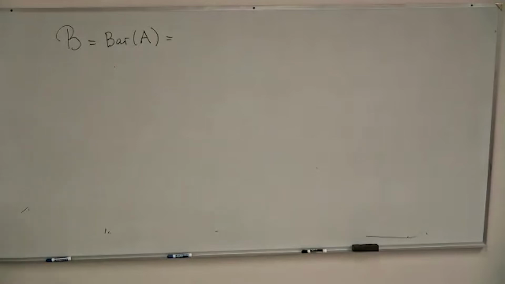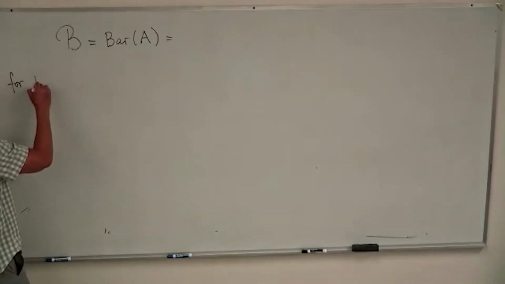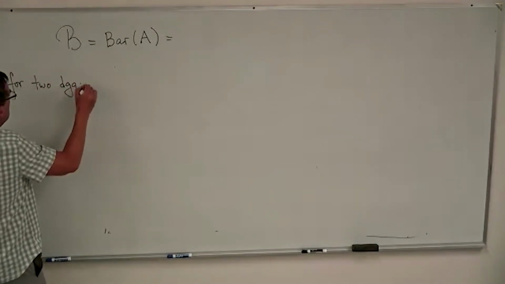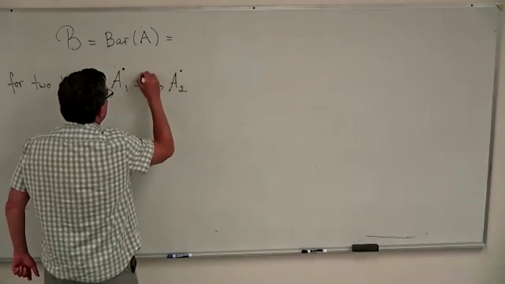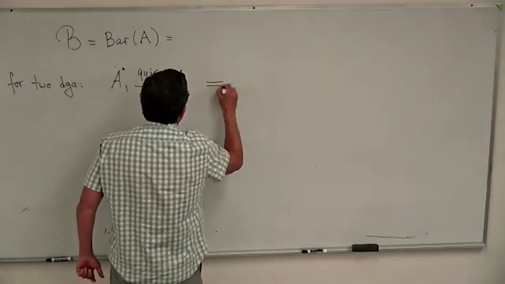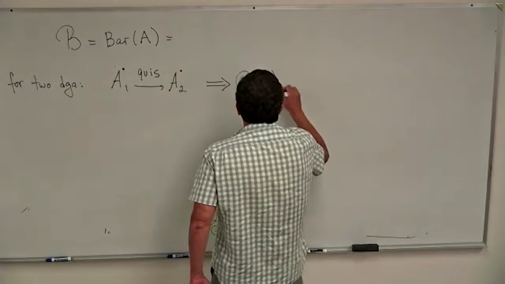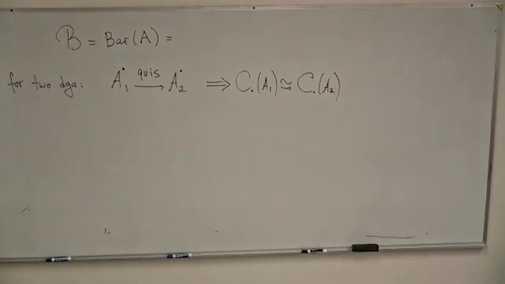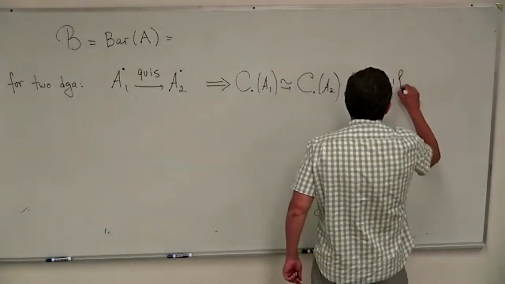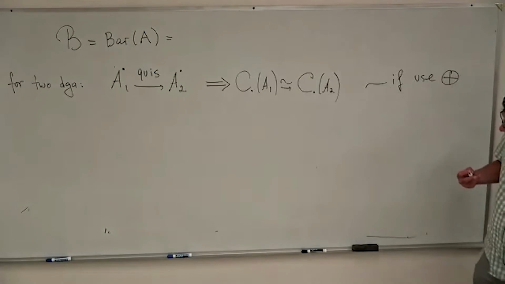I mean, well, let's see. For example, maybe the good thing about it is that a quasi-isomorphism of differential graded algebras implies a quasi-isomorphism of their Hochschild complexes.